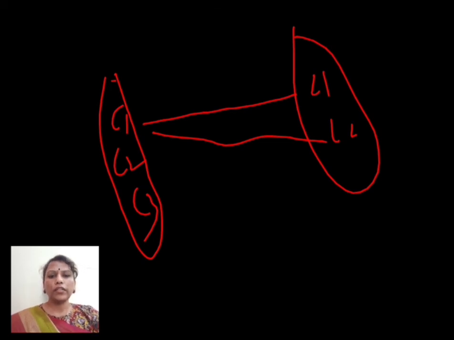L1 and L2 have total participation from this side, partial participation from this side. In a single diagram we can discuss each and everything. We can talk about cardinality ratio, participation constraints, and weak entity and strong entity.